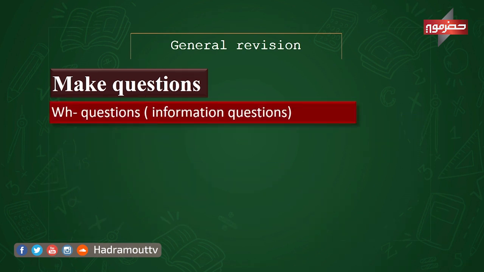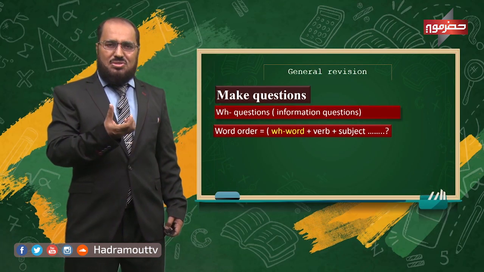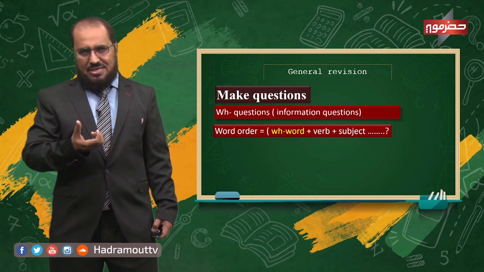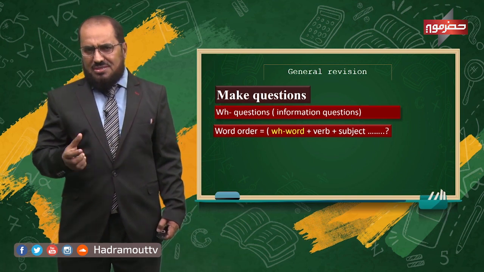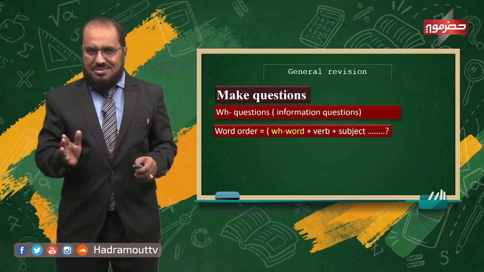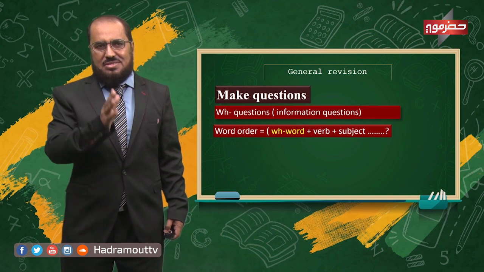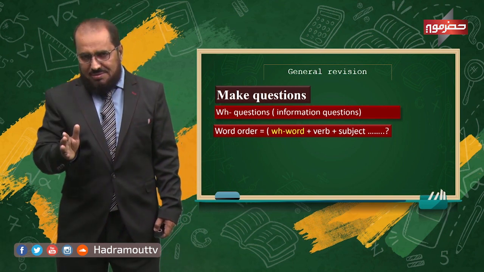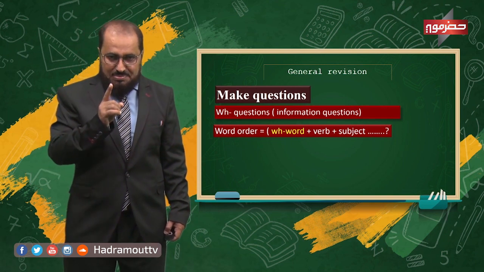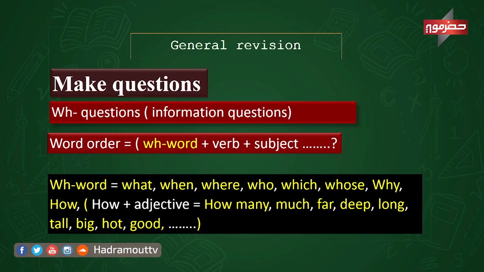What about WH questions? Word order: the word order in a WH question is the same as in a yes-no question, but the WH word comes before the verb. So it's WH word, then verb, helping verb again. I repeat, helping verb, then subject, then question mark.